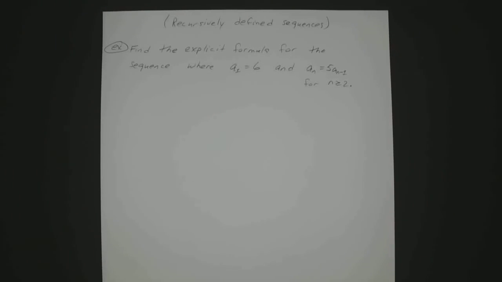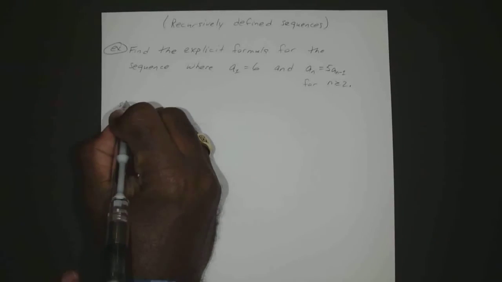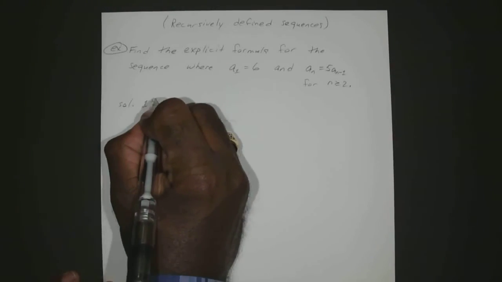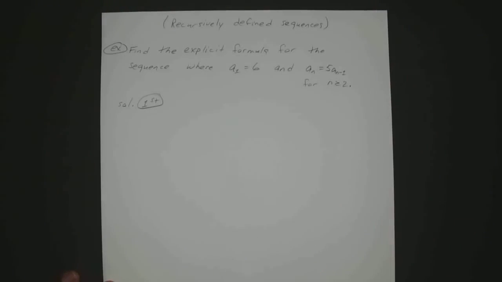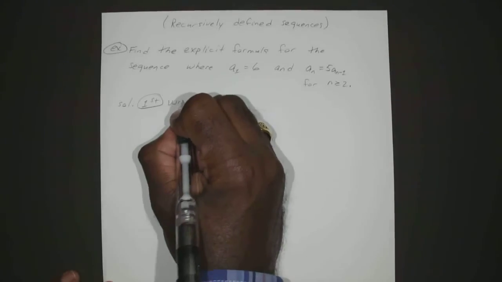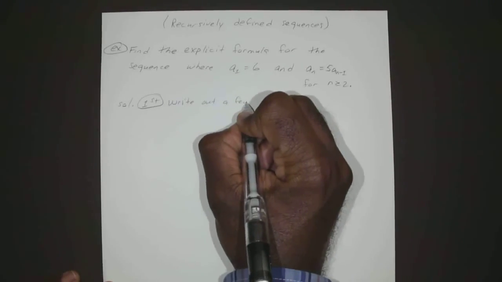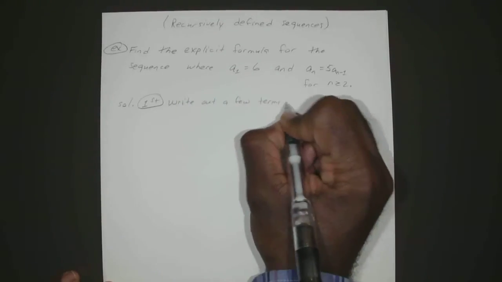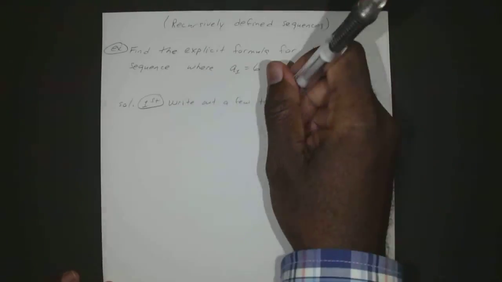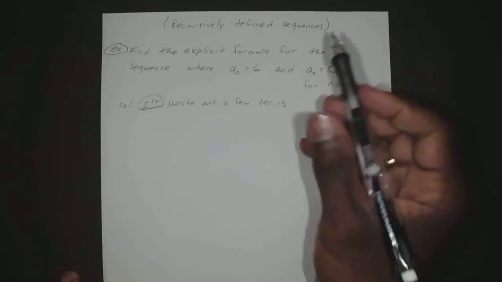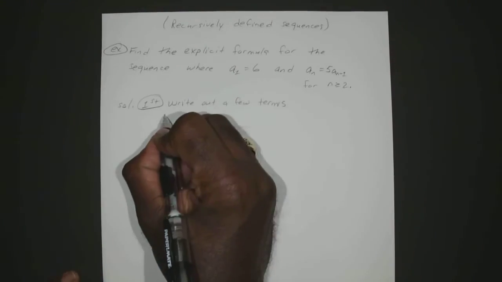And actually, these, in my opinion, are a little bit easier than the other ones. Because the first thing you want to do is write out a few terms, and look for the pattern.